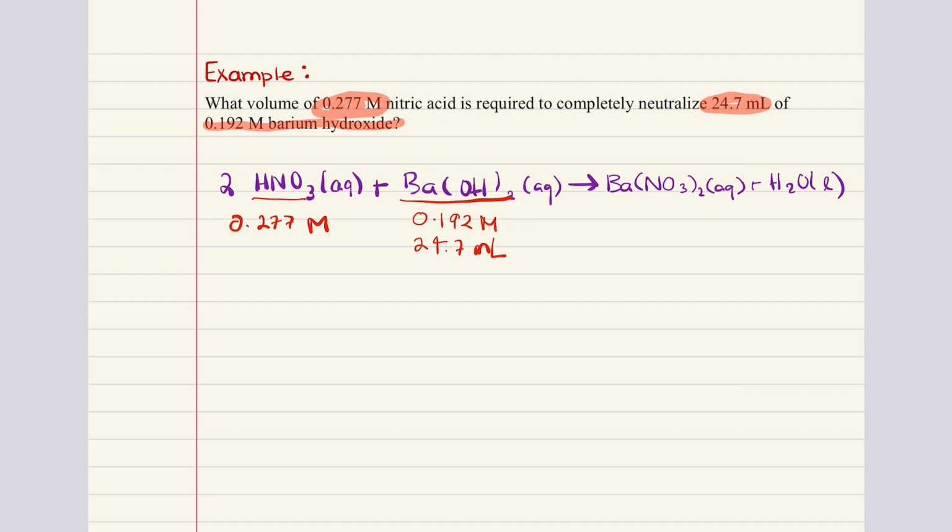We're trying to use this nitric acid with this specific molarity to neutralize the 24.7 milliliters of barium hydroxide at 0.192 molarity. What are we trying to figure out then? Essentially, we are trying to figure out the milliliters of nitric acid we're going to need.